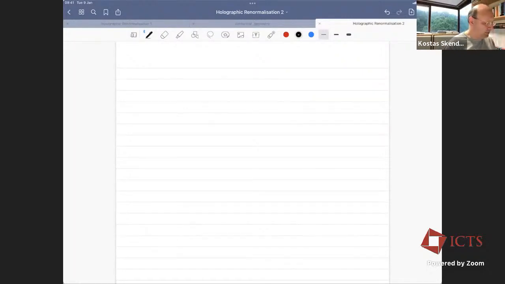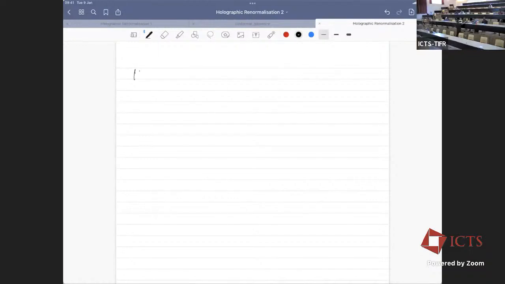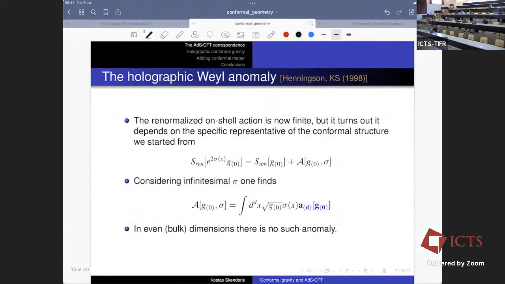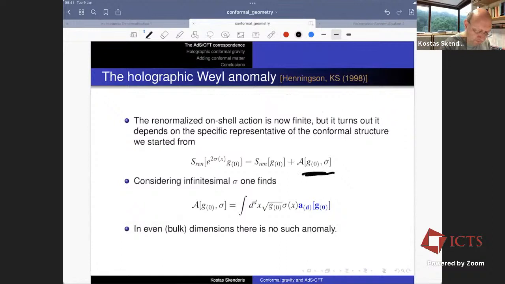Now we're going to go back to what we discussed yesterday. Yesterday we were using a radial Hamiltonian formalism. I have a question. In the renormalized on-shell action, besides the finite part, there was one more part in the action. Why are we calling that term anomalous? The anomaly term, yeah, this one here. So suppose we didn't have that term.